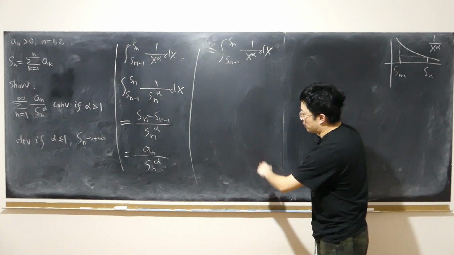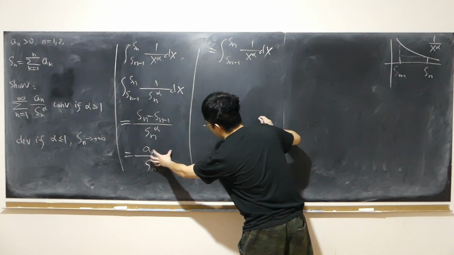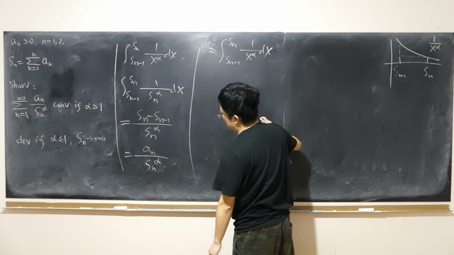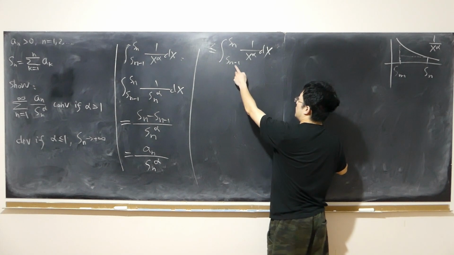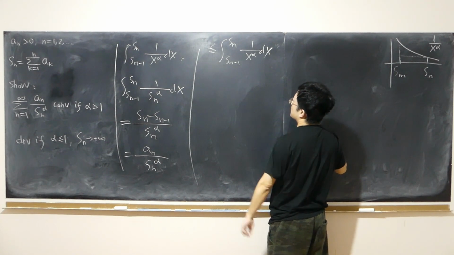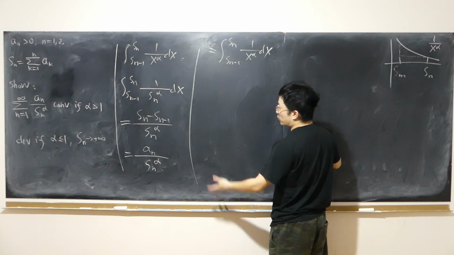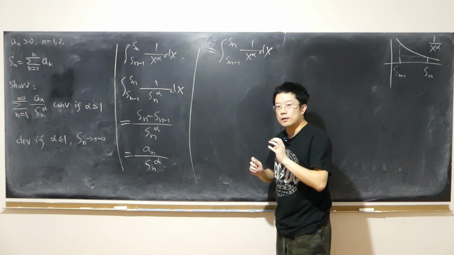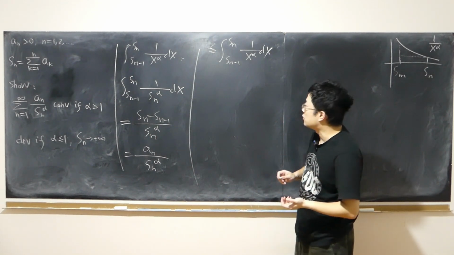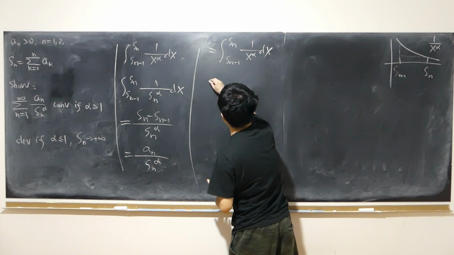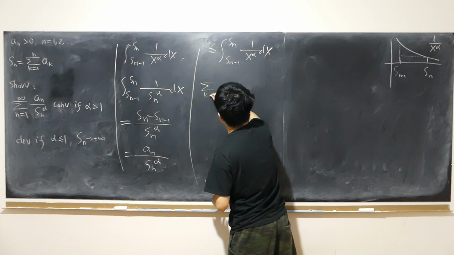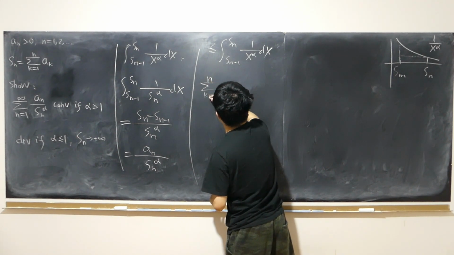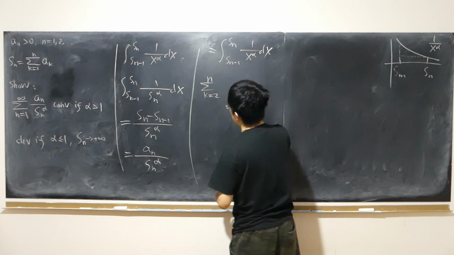So we can sum them up. Let n start from 2, because I don't want to start from 1, because I don't know what S naught is. But it's okay for me to just miss one term, because one term does not impact the convergence. So I'm looking at this partial sum. I'll let k go from 2 up to n. Later we're going to let n approach infinity.